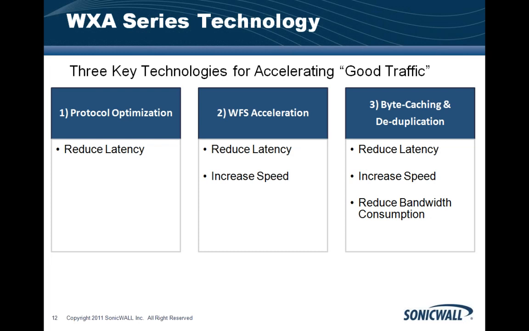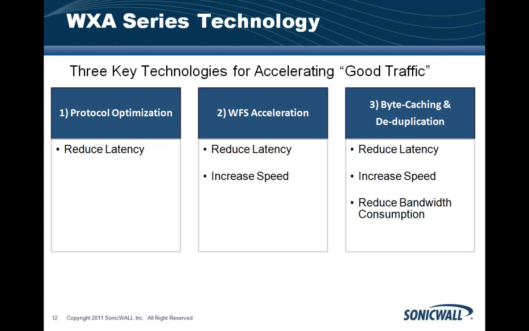What we're doing here is reducing the latency that would be introduced. If you think back to what I said earlier, a lot of the applications were never designed to run over a wide area network. So in the protocol optimization case, we can reduce the amount of time that it takes for that traffic to traverse from one location to another, ultimately reducing the latency, ultimately improving the end user experience.